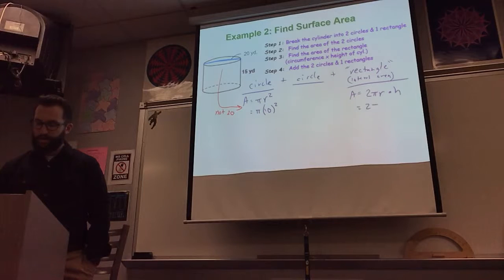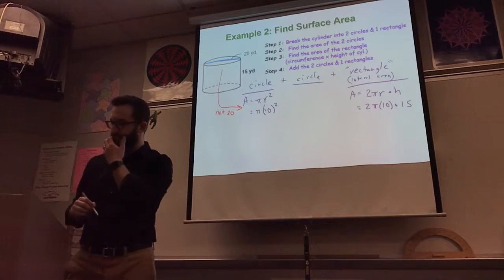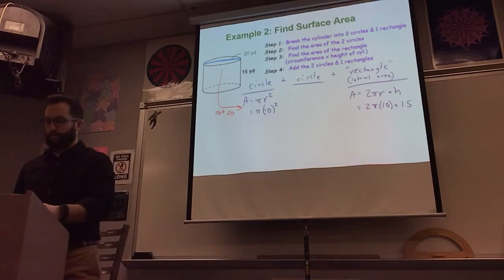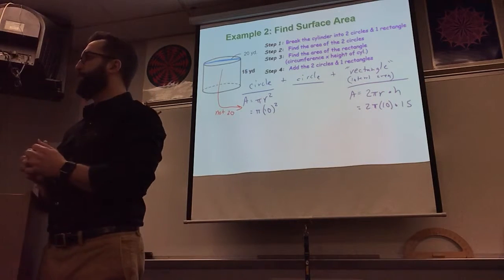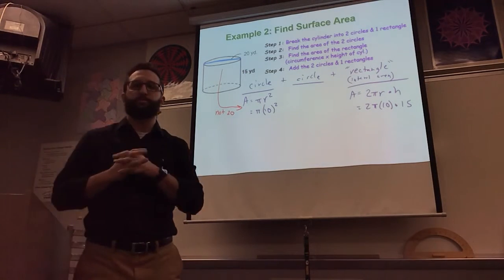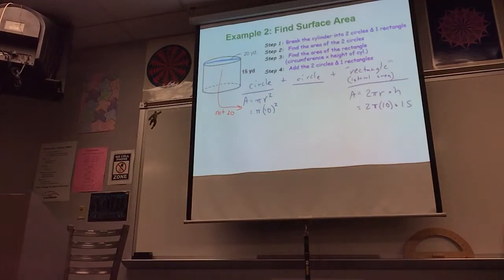So 2 pi 10 times 15. I want you and your partners to finish this problem up. I'll give you about 2 minutes. Do your best to finish this problem up, and then we'll get together and do the lateral area problem. Working with your partner, talking through the steps, making sure you agree on your answers.